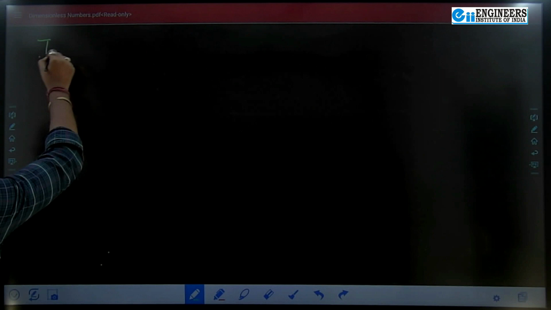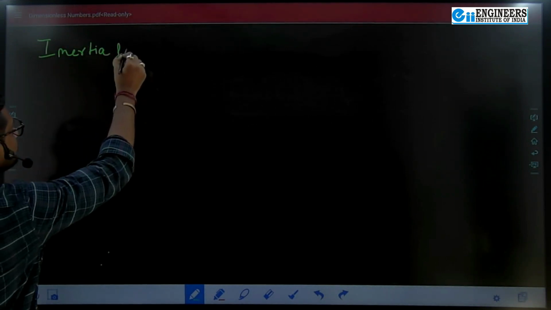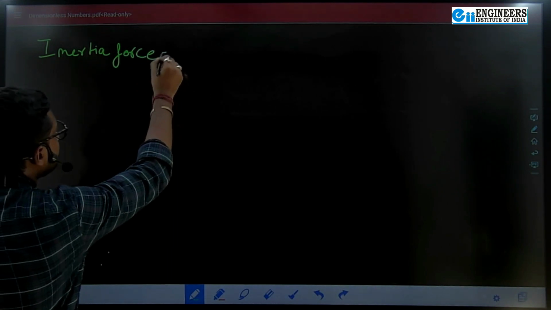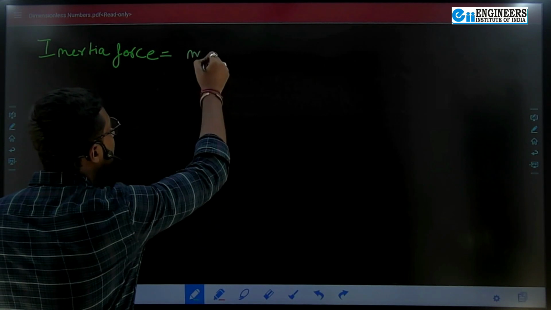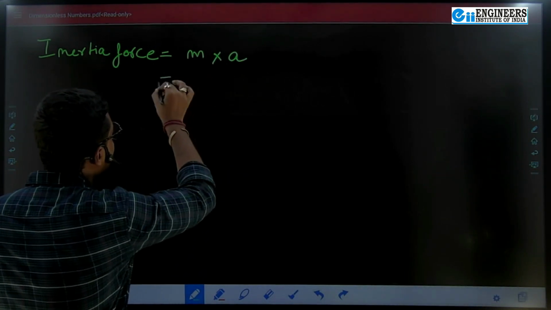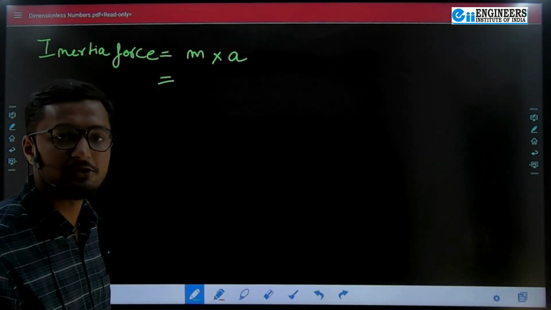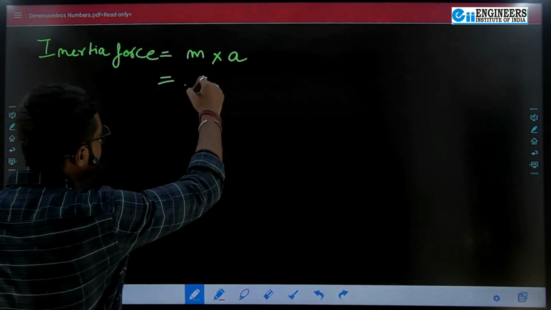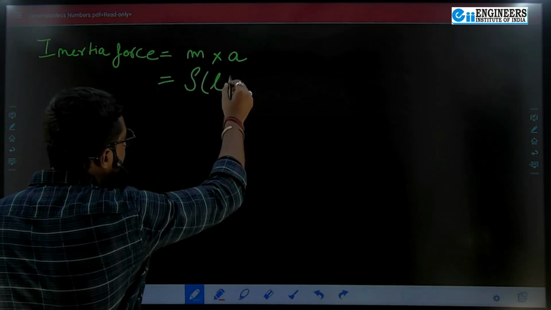So what is our inertia force? Our inertia force is always equal to mass into acceleration. Mass is density into volume. We write density as rho and volume as LC cube.